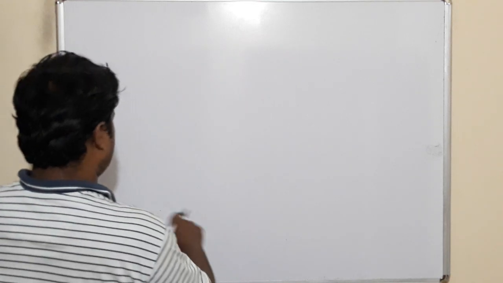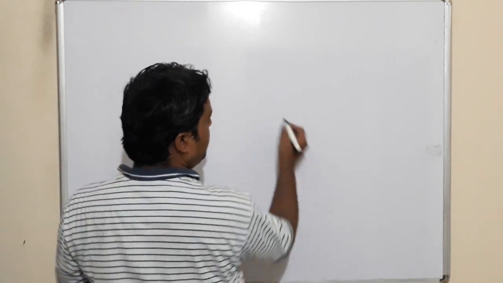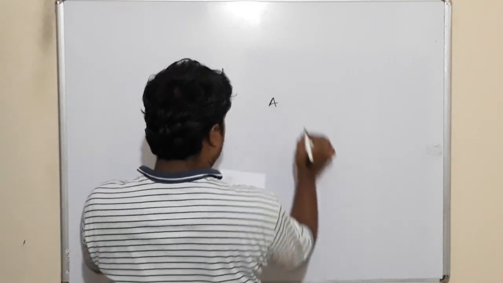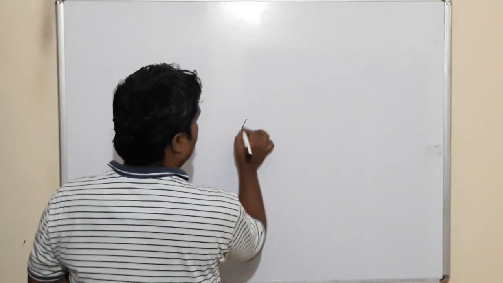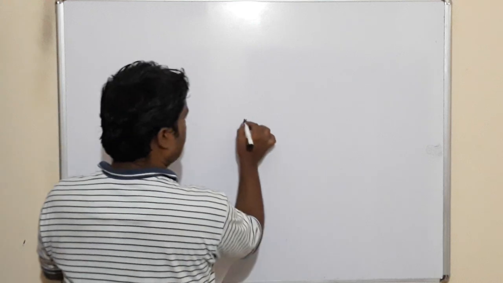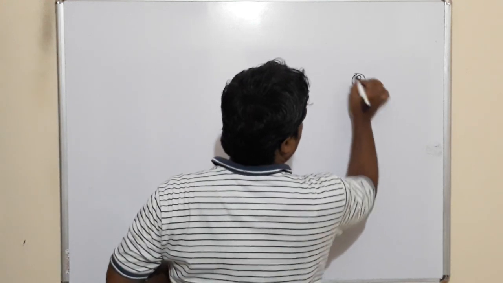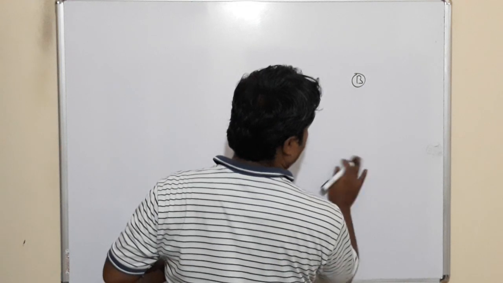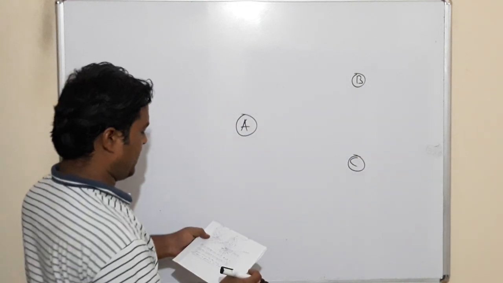In a given region, the field representation is like this at 3 different points. This is A, this is B, this is C. The field lines are represented like this.